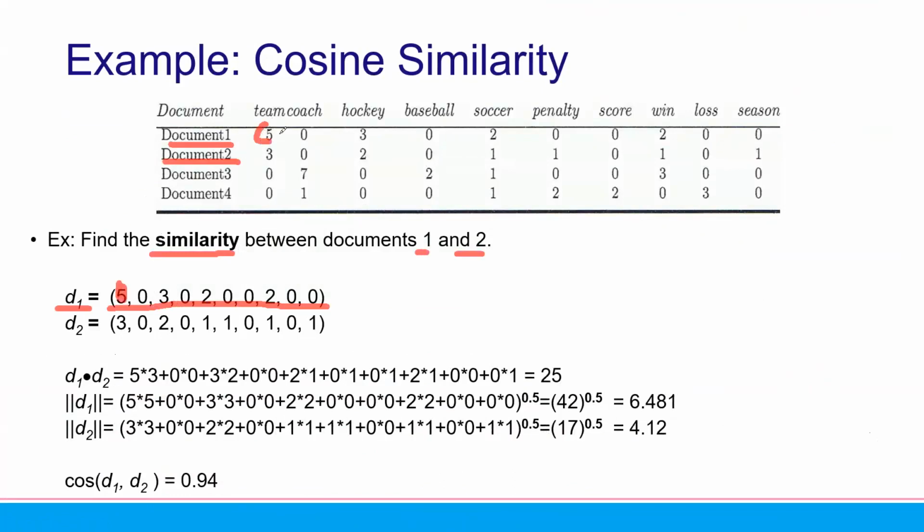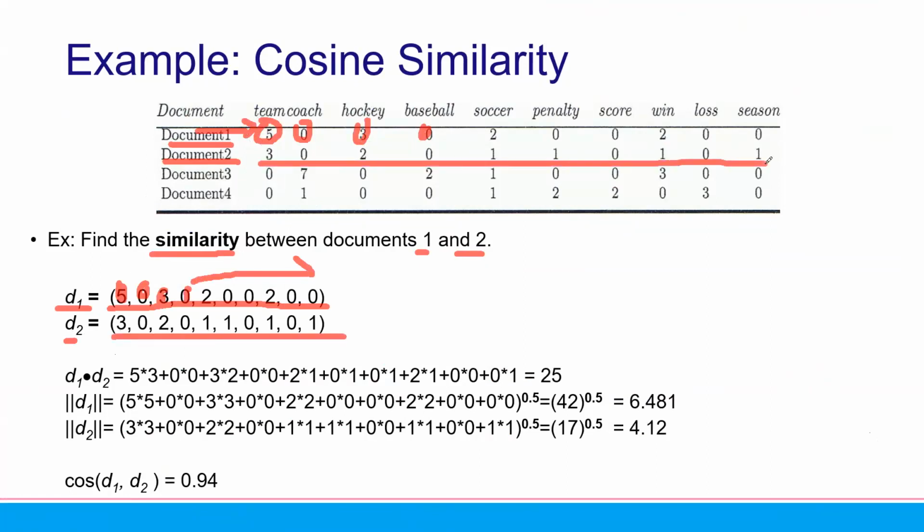It is from this 5. 0, it is from this one. 3, this one. 0, this one, and so on. So we put all the numbers as the vectors here. And D2, we also put the numbers here. So we have D1 here, and we have D2 here.